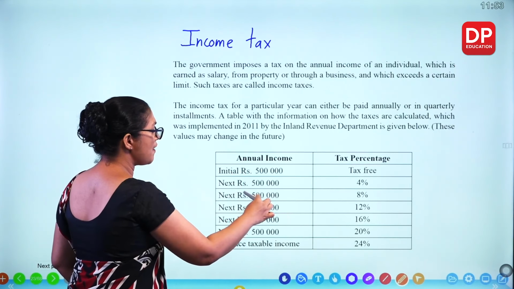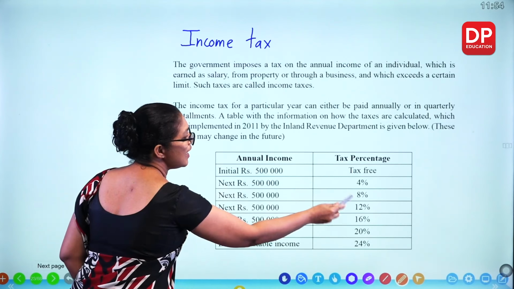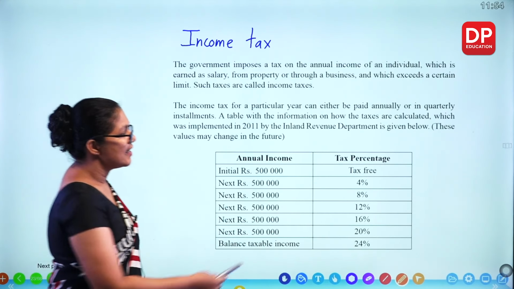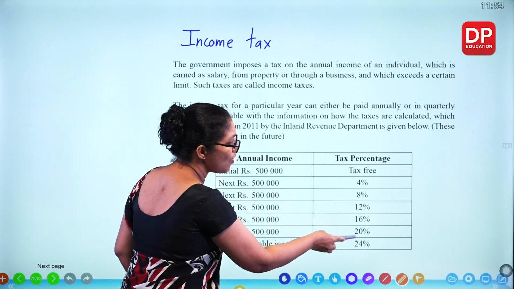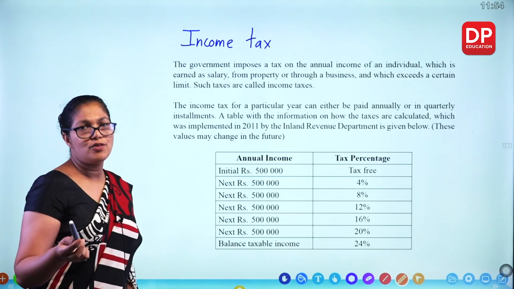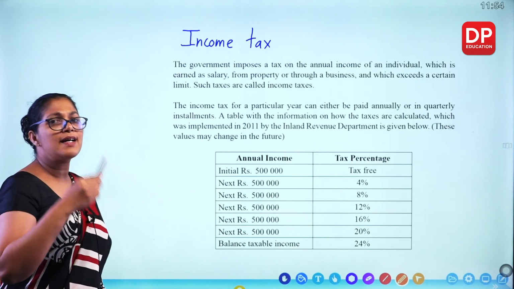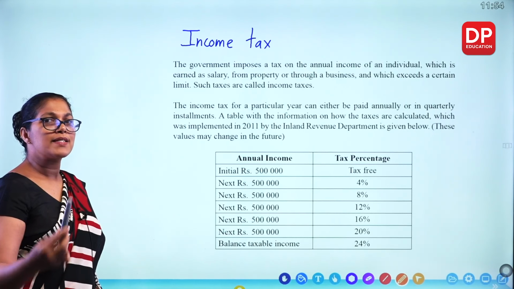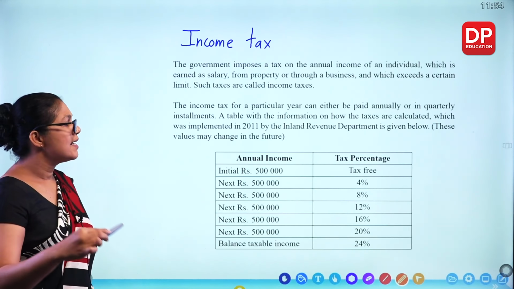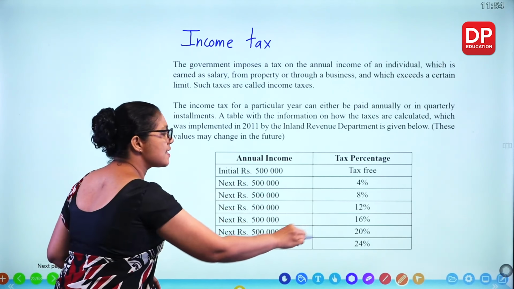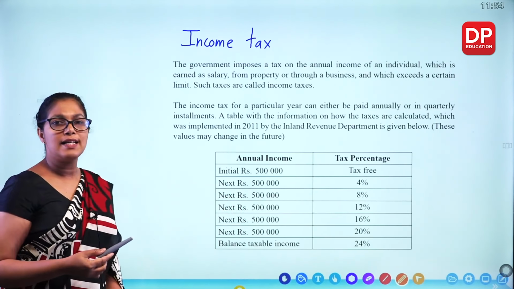Then the next 500,000, 8%. Can you see the percentage values? These are multiples of 4. It's easy. First 500,000, no tax. The second 500,000, 4%. The next 8%, then 12%, like that. So you need to know this table to calculate the income tax.